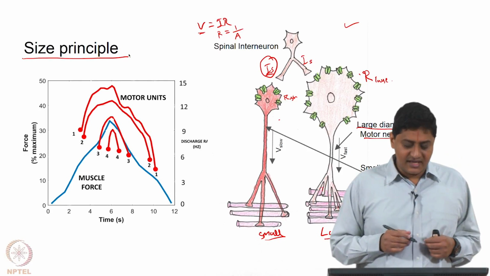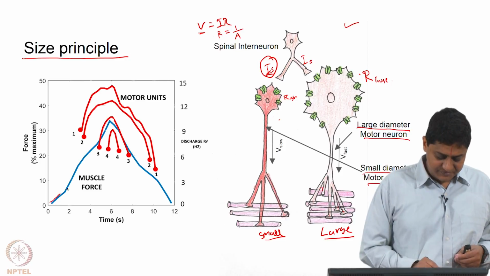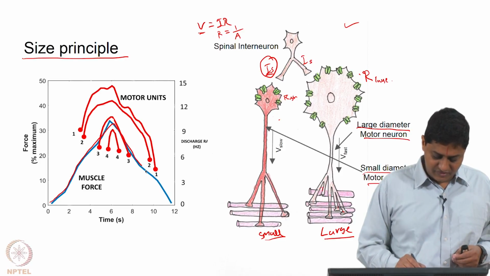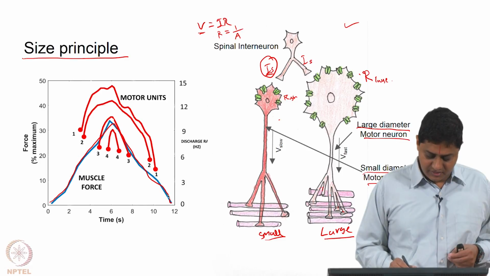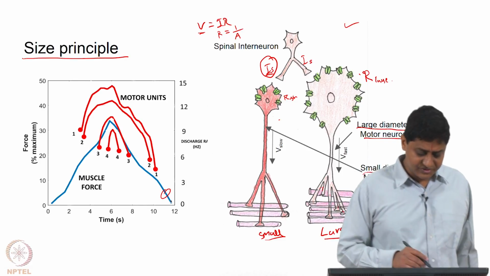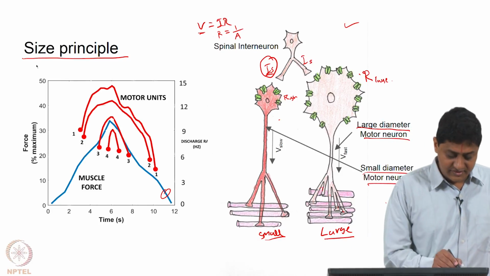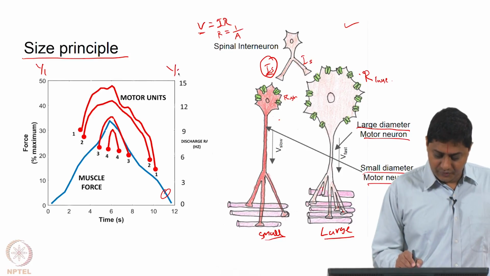Let us consider a case where I have to produce a particular amount of force, the one that is indicated in the blue line, that is the amount of force that I have to produce. Please note there are two y axes, the y1 axis and the y2 axis.